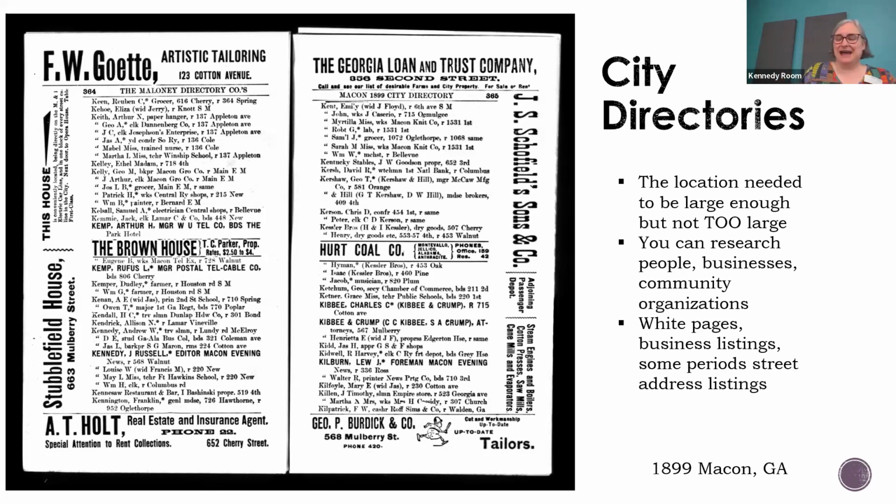So take a look at that city directory collection. It is not transcribed. So you do have to go to the year and then flip the pages and find the alphabetized listing and that kind of thing. And starting in about the 20s, there are street listings. So if you know the address and you want to look up who was living at the address, you can do that.